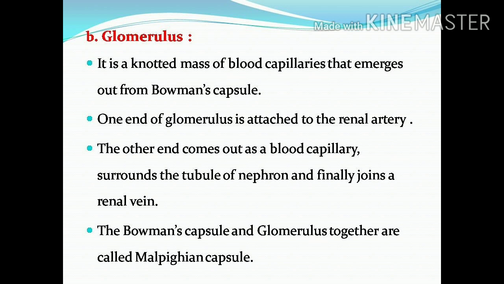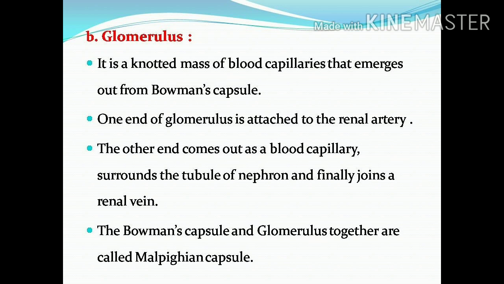When the renal artery enters inside the kidney, it divides and forms the afferent arteriole. When it comes to the cup-shaped Bowman's capsule region, it again divides and forms capillaries. Those capillaries look like a mass.